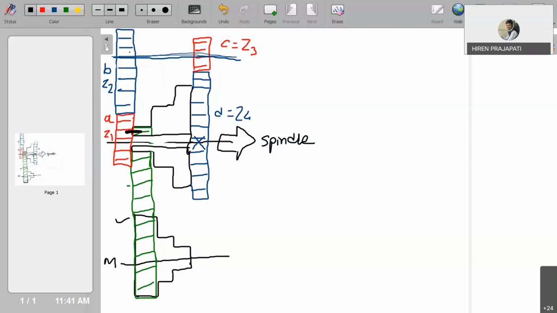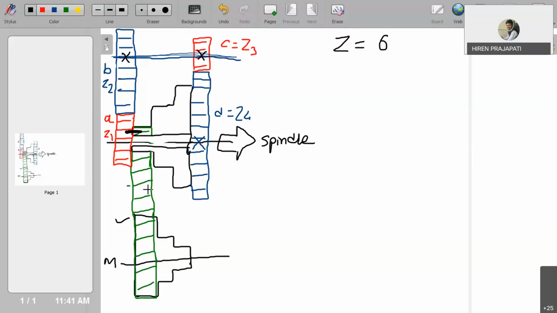Now this B is fixed on back gear shaft and C is also fixed, right? Now if we don't want reduction, means if we want higher three speeds, if I go for this arrangement, then total number of speeds available from this drive would be 6. How? That we'll see now.